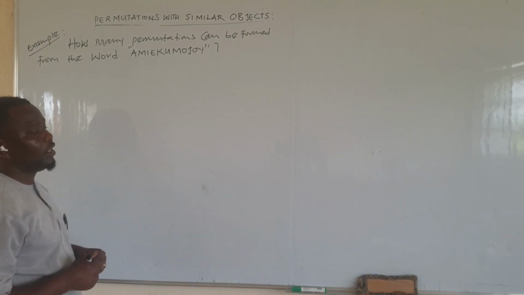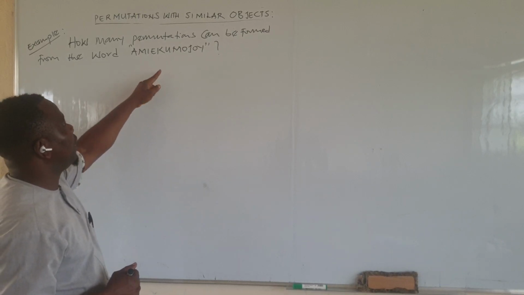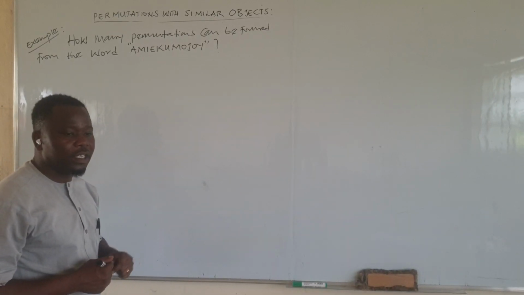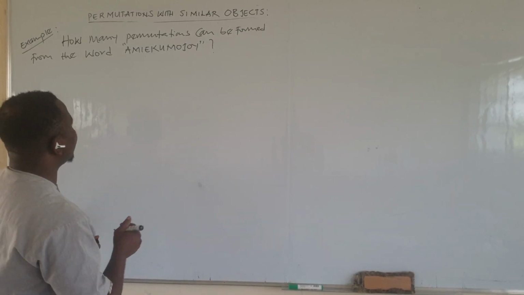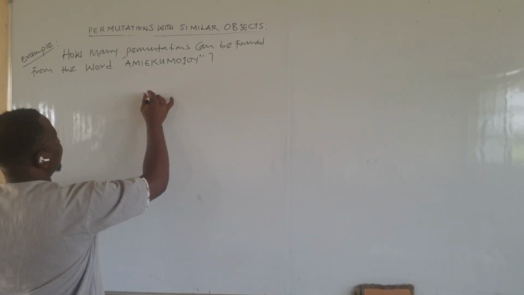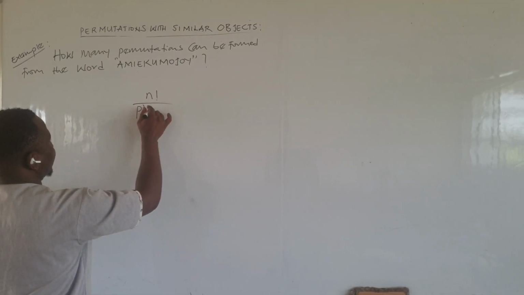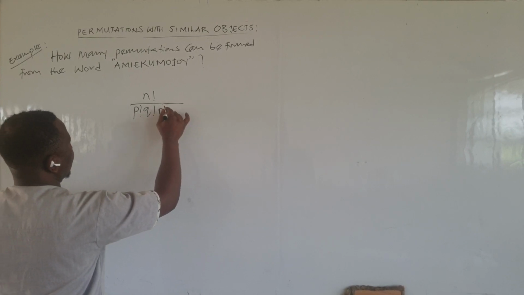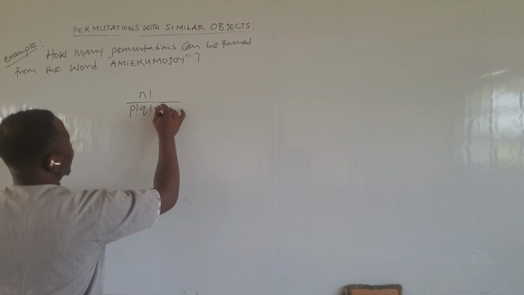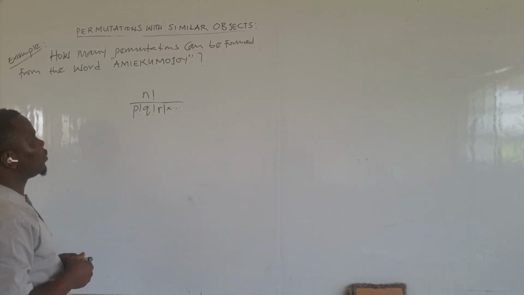The other day I told us that for permutation with similar objects, there's a formula that you use, which is n factorial all over p factorial times q factorial times r factorial times and so on.